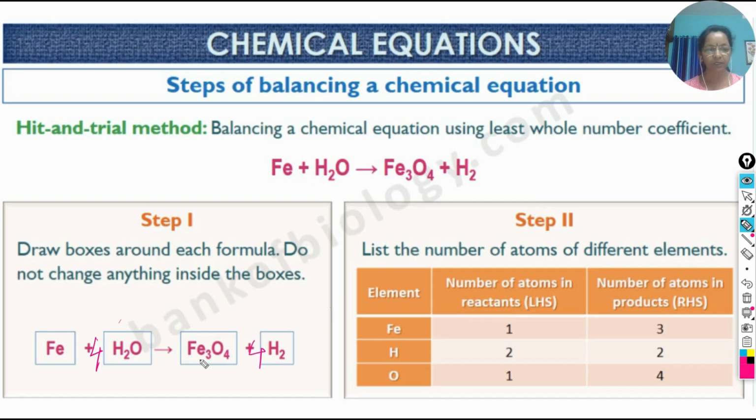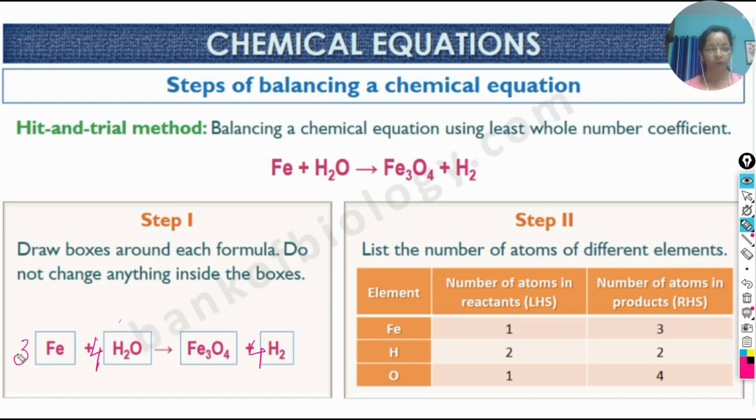The problem is with the next element, iron. There are 3 on the RHS, and we have to make it 3 on the LHS. We will write 3 here, right? Now we have balanced all the elements. There are only 3 elements, and we have balanced all 3 elements.